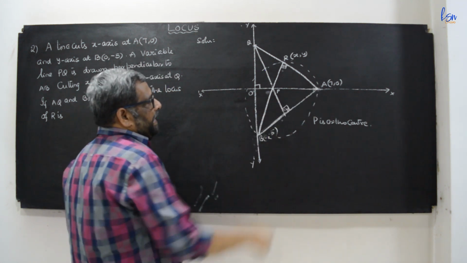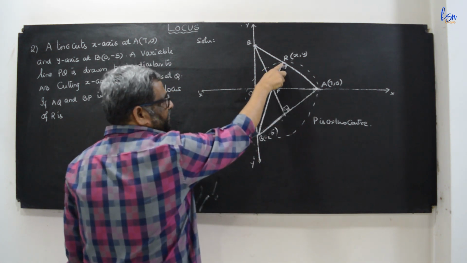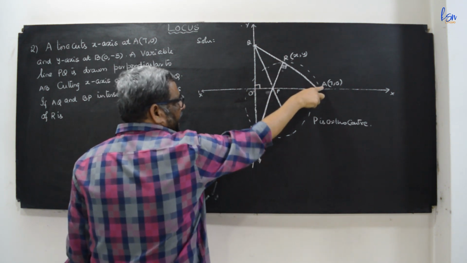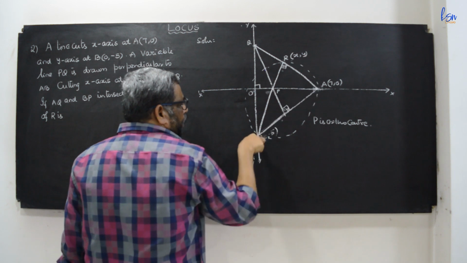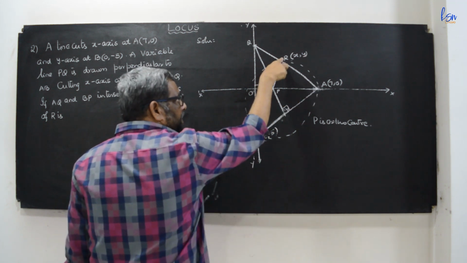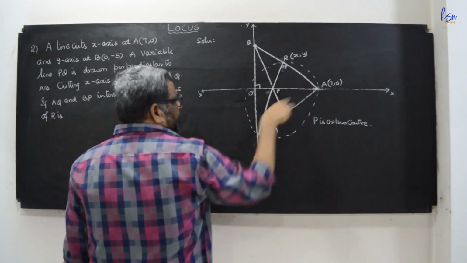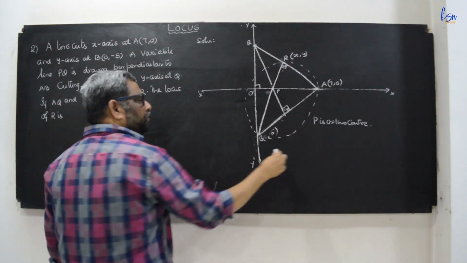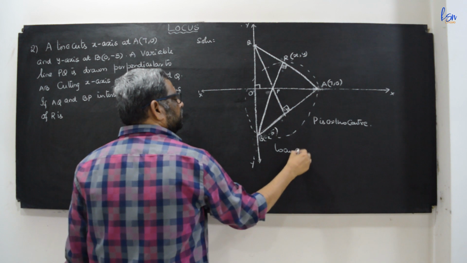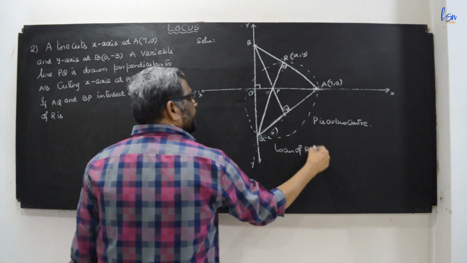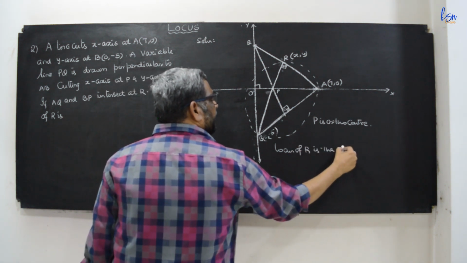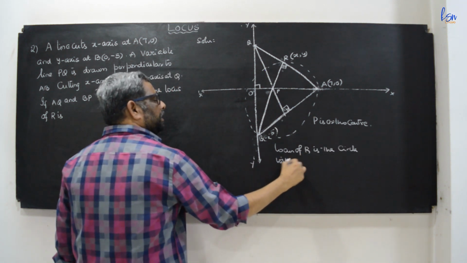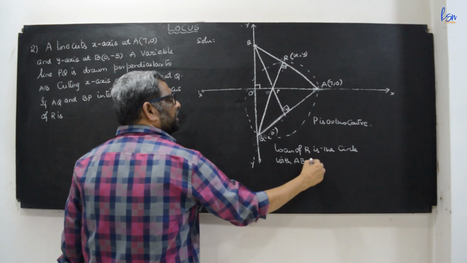But I mean to say, the locus of the third vertex of the right angle triangle. Third vertex means which is not the end of the hypotenuse. The locus of the third vertex of a right angle triangle is a circle with AB as diameter. So locus of R is the circle with AB as diameter.